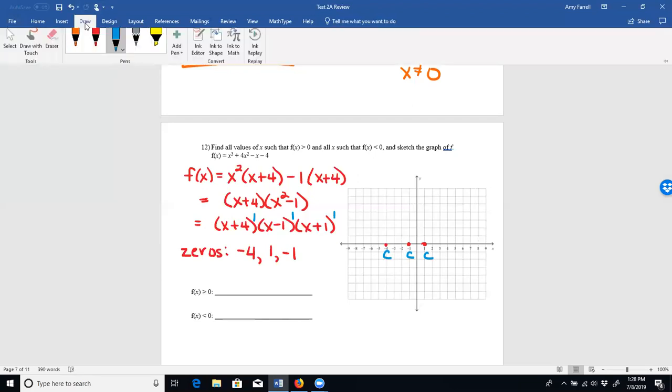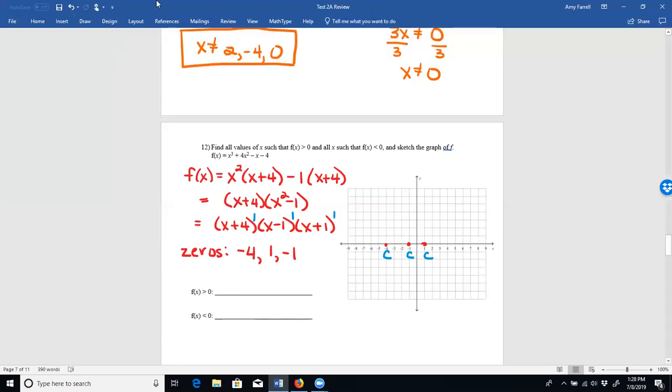When we have an odd multiplicity, it crosses. Even multiplicity is a touch. So I'm going to use multiplicity. I'm also going to use end behavior. When we have a cubic function with a positive leading coefficient, this is our end behavior. So I'm going to make sure that my graph is headed down over here and up over here.